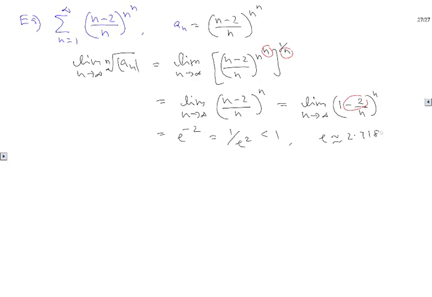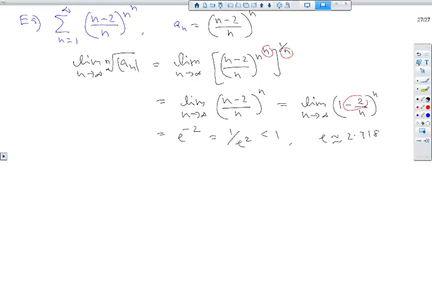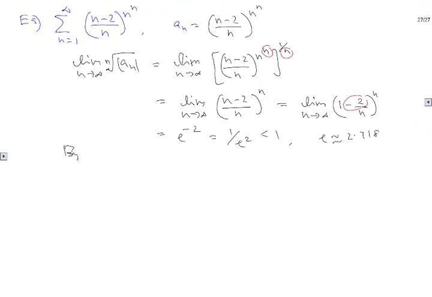So by the root test, the series converges. Okay, good.